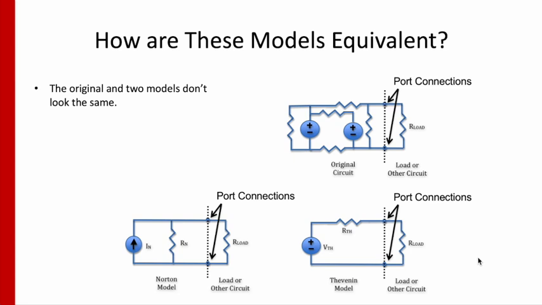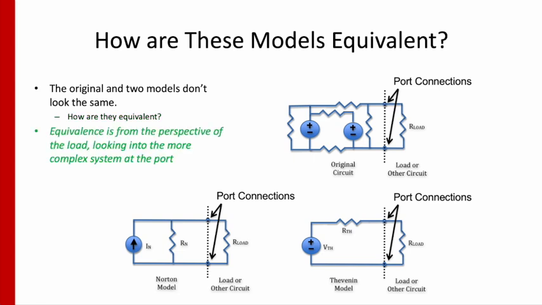Now, these models are equivalent, yes. They sure don't look the same. The original, the Norton, the Thevenin, no, they don't look the same. So what is the nature of the equivalence? Well, the equivalence is from the perspective of the load, or this downstream subsystem, as it looks back into the more complex system that it's being driven by, or that it's connected to.